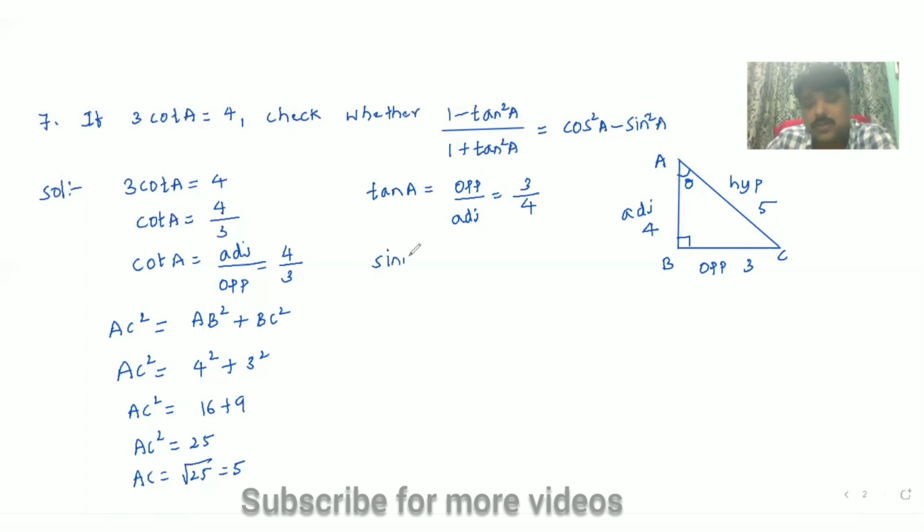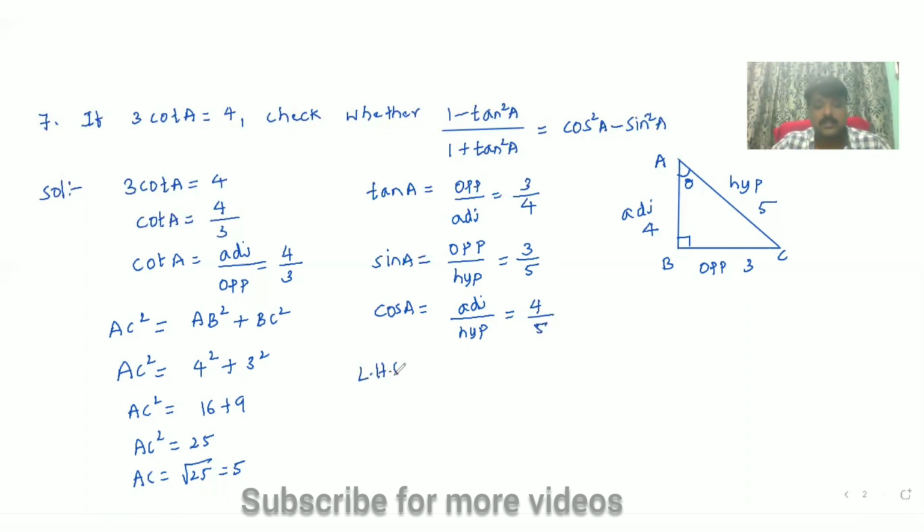Sine A equals opposite by hypotenuse, that is 3 by 5. Cos A equals adjacent by hypotenuse, 4 by 5.